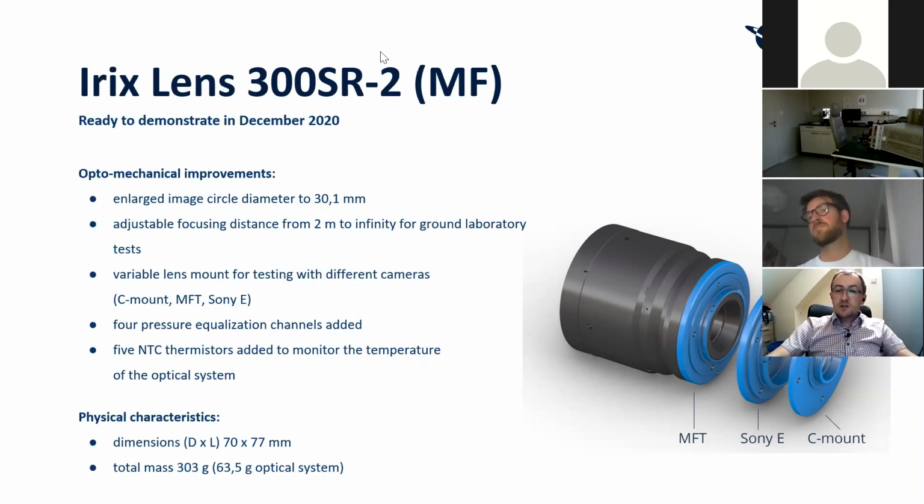The mounting of the lens is very sensitive. Of course, it's not sensitive to vibration and temperature fluctuation, because the lens was already prepared for this. But if we calculate the force of the air inside the lens, there are 20 kilograms of force put on the main mirror of the lens.